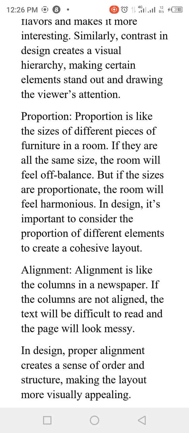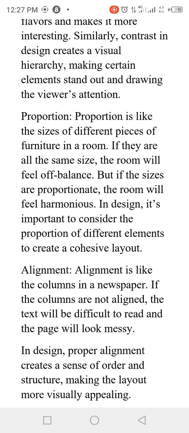Proportion is very, very important too. It is one of the basic design principles which a good visual communicator must apply. What this one is talking about is that your picture or your video on the design, as well as the text, as well as the small wordings, must be proportionate enough.